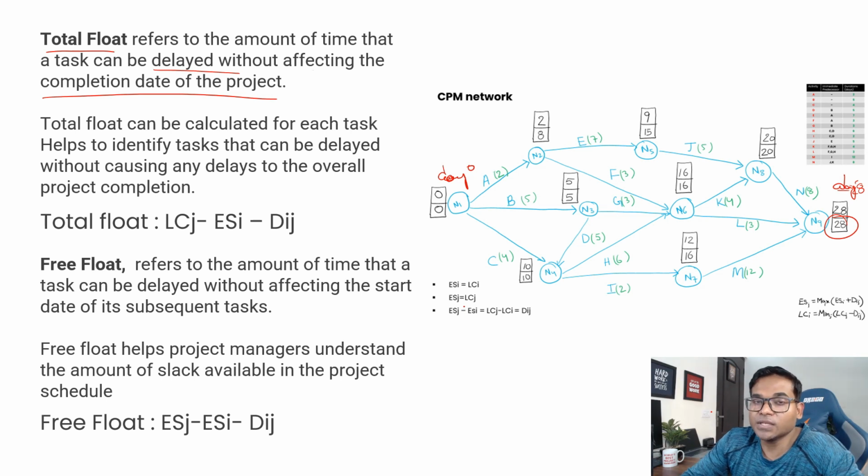So you want to find out whether delaying some activity by some days will impact your overall project duration or your completion date. And if so, which activities can be delayed and which cannot. This is the purpose of the total float: to identify those activities which can be delayed and by how much.